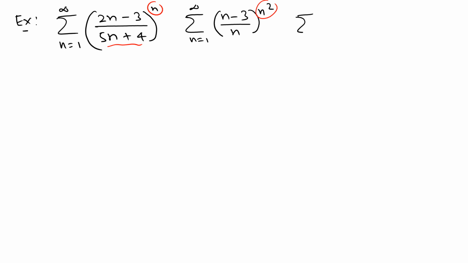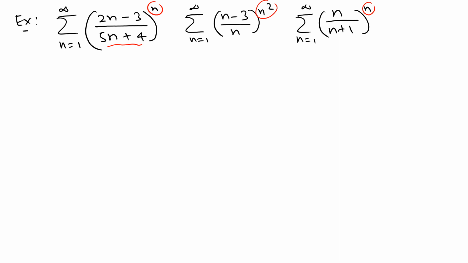And then the next one, the sum from n equals 1 to infinity of (n over n plus 1) to the nth power. When you try to use the root test, you see the test fails. But this problem we consider under the divergence test. So even though you cannot use the root test, you can still use the divergence test.